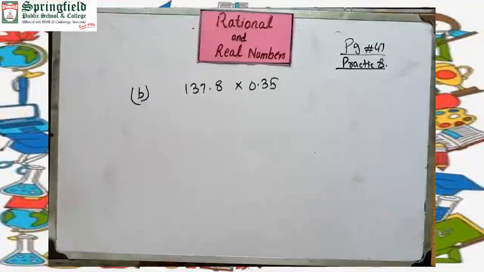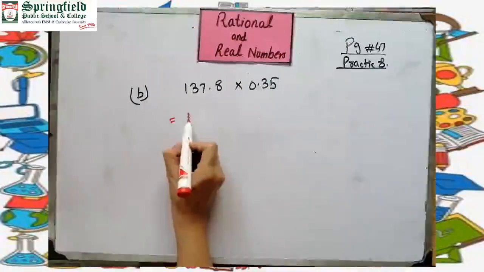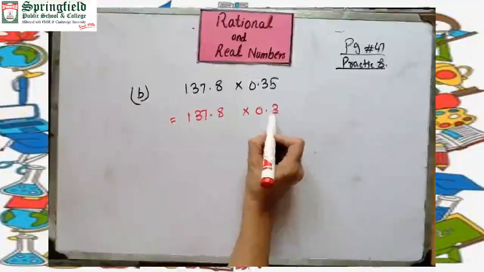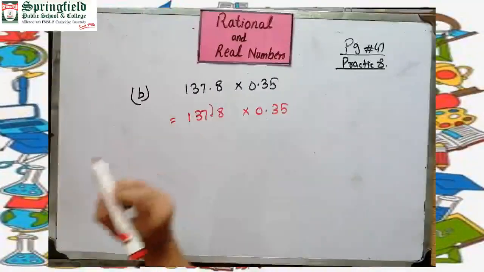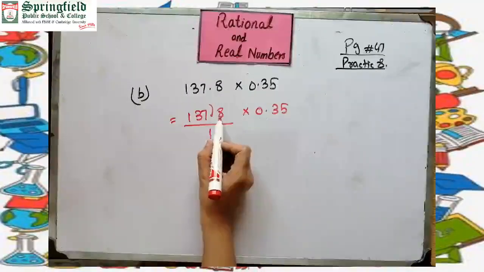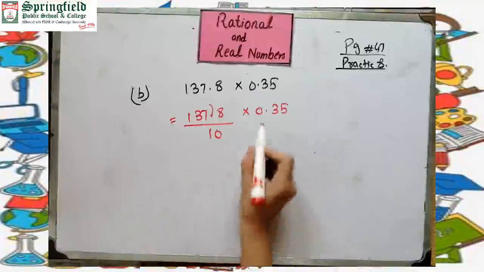How can we multiply two decimal numbers? So beta, in the first step we will remove the point, write down 1 and count the number of digits after the point, which is 1. It means we will write 10.